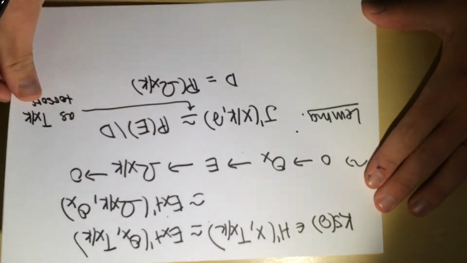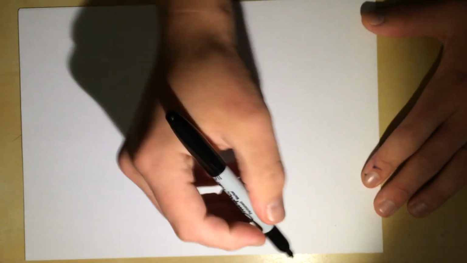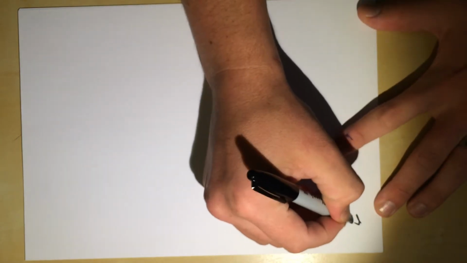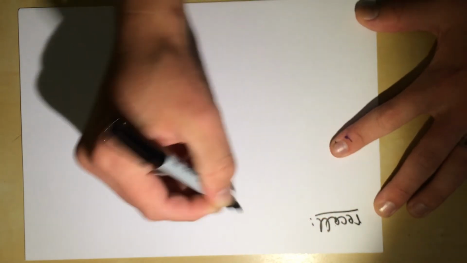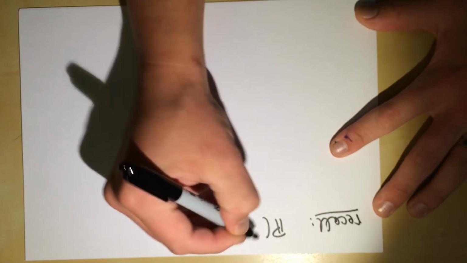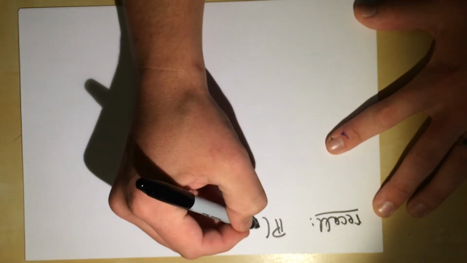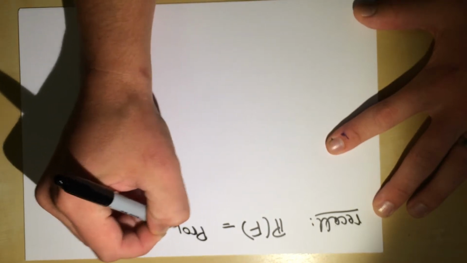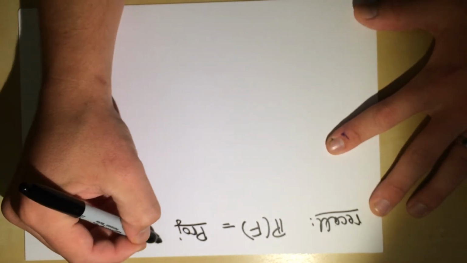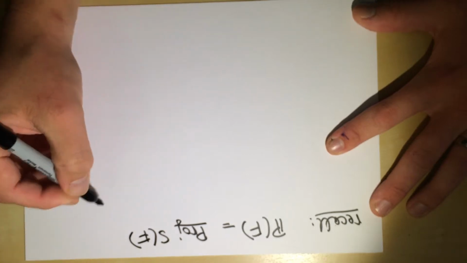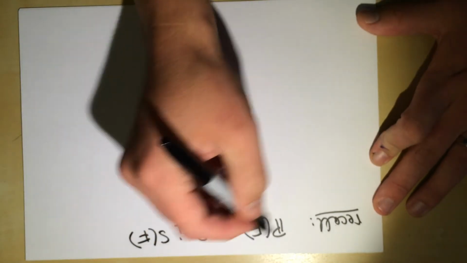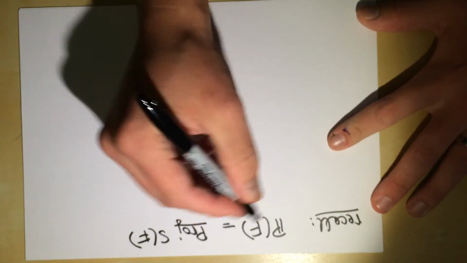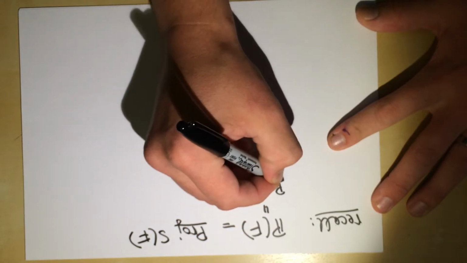Again, let me just give a reminder. We recall first that for some abstract vector bundle, let's say F, this is the global Proj of the symmetric algebra of F. This is going to be some space over X, and I'm going to use a different notation.